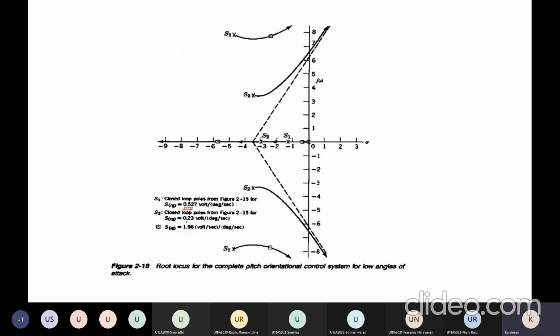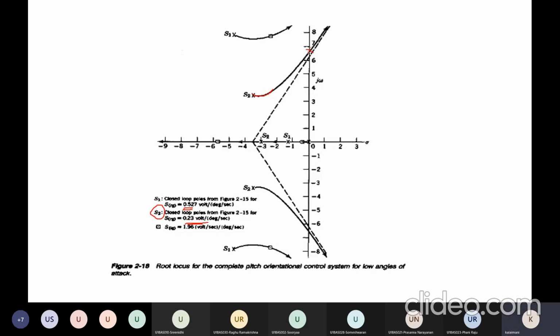Another one is the closed loop poles from 0.23. Where it is 0.23, that is your S2 root locus branch. The root locus branch starts from these poles, follows this path, and crosses the imaginary axis at this location.